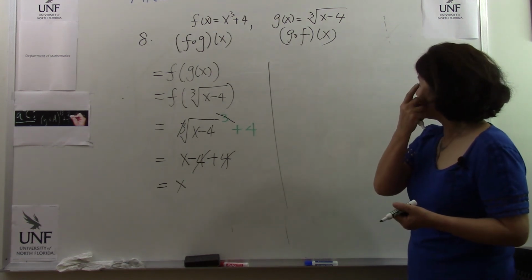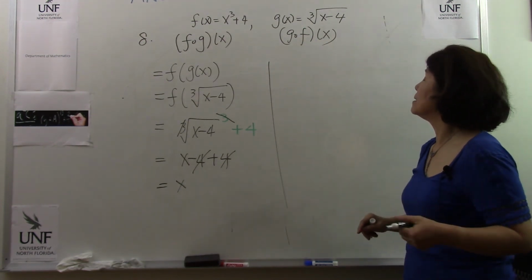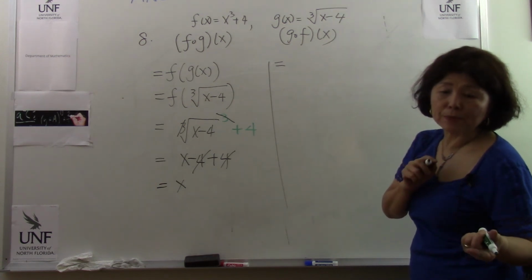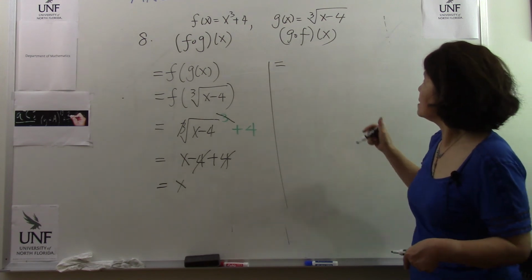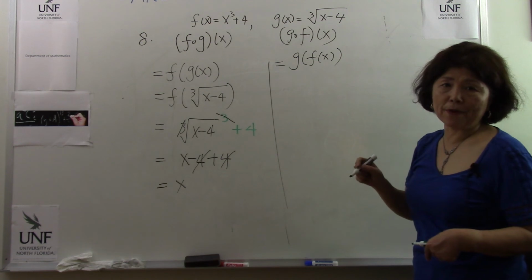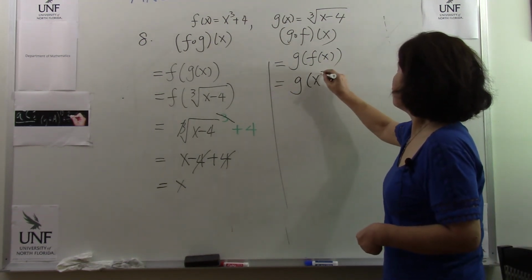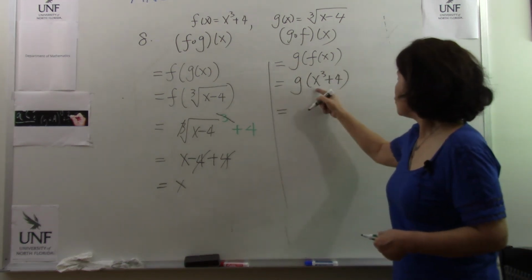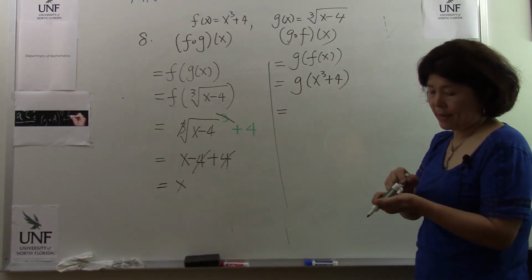The next one is g circle f of x. So it's the other round. Does it make any difference? In the previous example, yes, you saw the different outcome. This time, let's see. By definition, this is g circle f of x, and g of f of x is x cubed plus 4. So now x cubed plus 4 goes in here for x. Is that right?